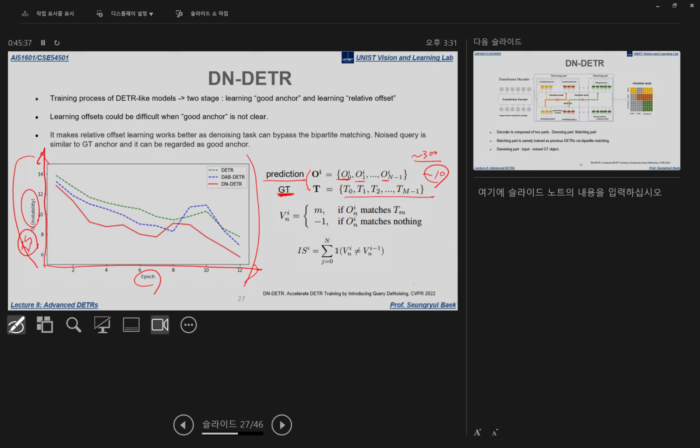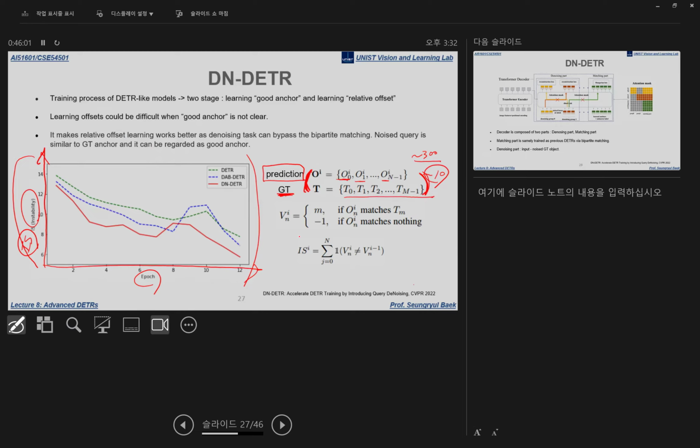First we have to match these predictions and ground truths. That's what is happening when applying the loss functions when training the DETR. We select the best matched prediction to the ground truth and apply the loss function to that prediction only.